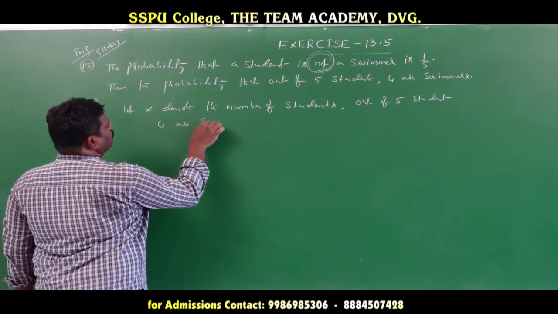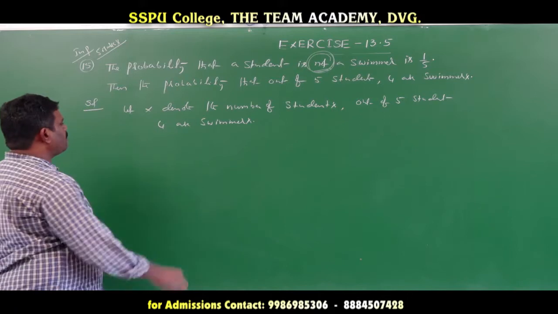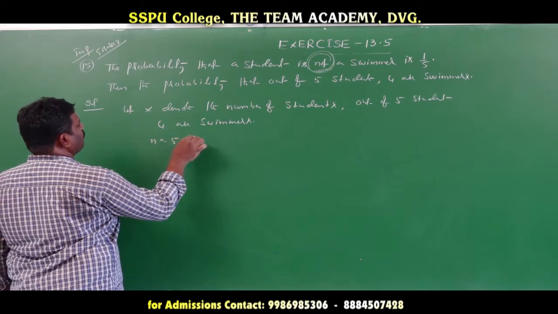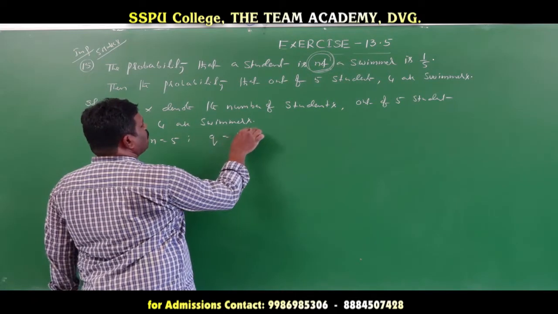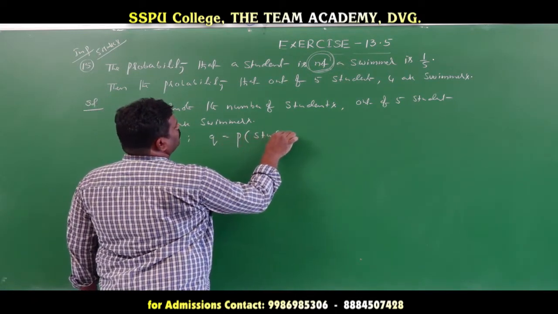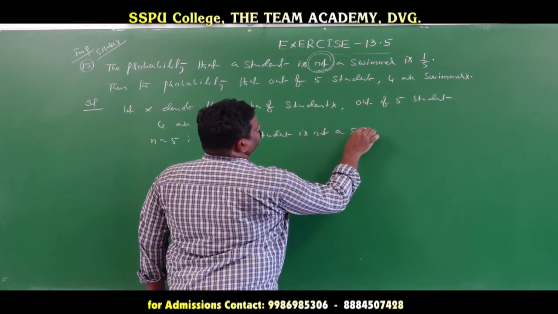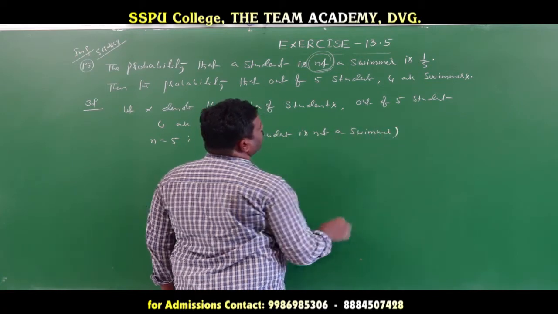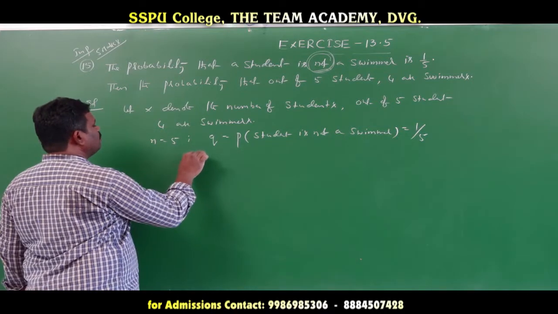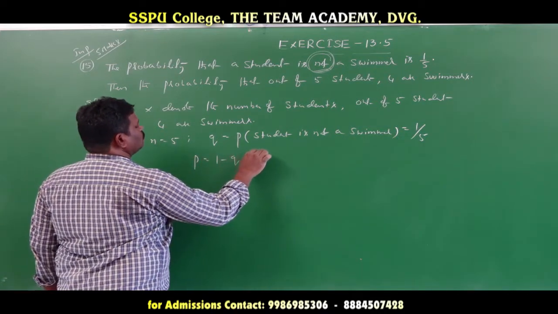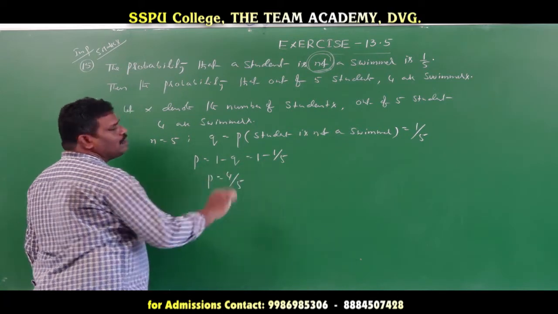Now the parameters: n is equal to 5. q is the probability that a student is not a swimmer, that is 1 by 5. Now automatically p is 1 minus q, 1 minus 1 by 5, that is p equal to 4 by 5.